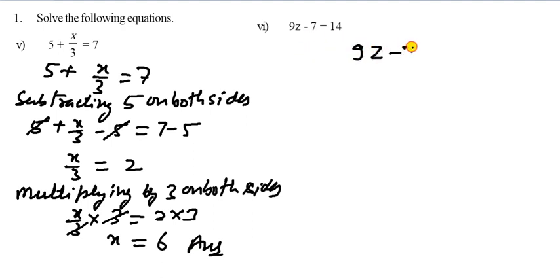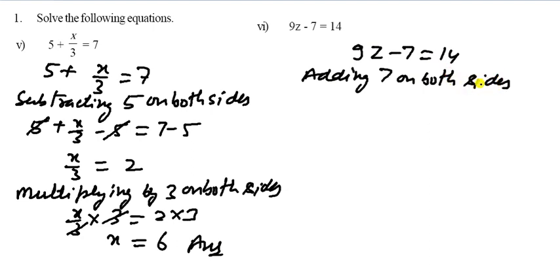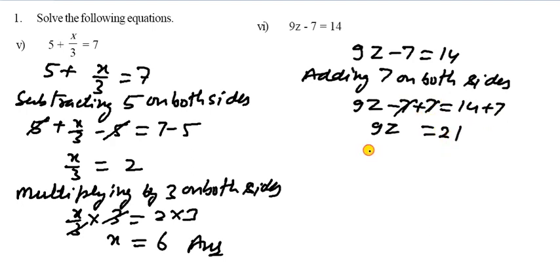So 9z minus 7 is equal to 14. Adding 7 on both sides. It is 9z minus 7 plus 7 is equal to 14 plus 7. So in 9z, 7 cancels with 7, and 14 plus 7 is 21.